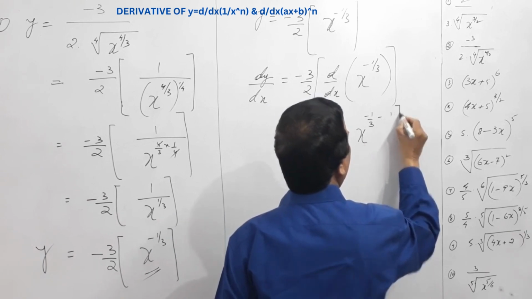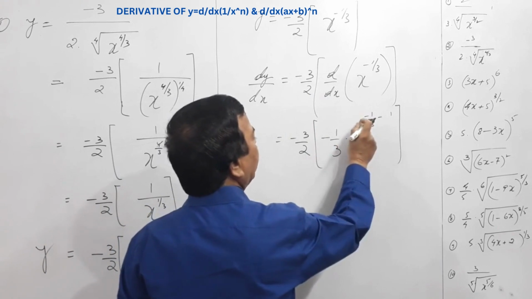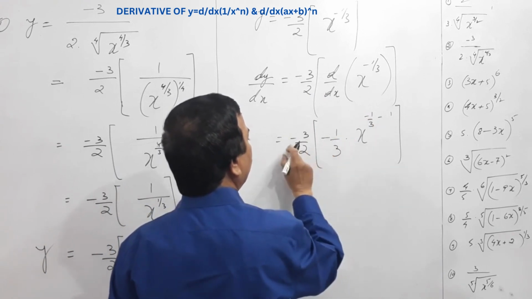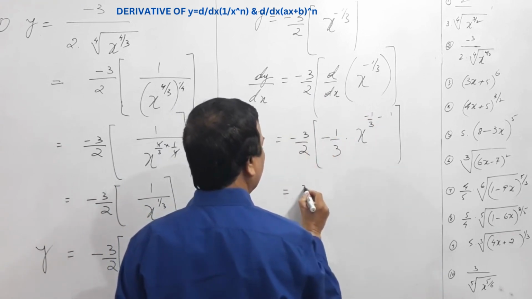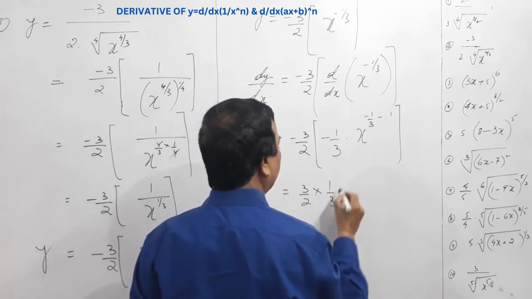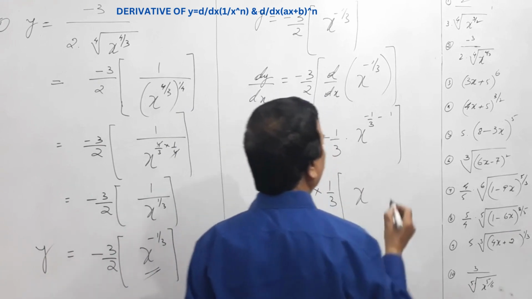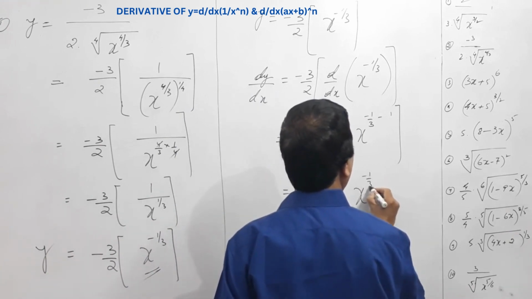Minus 1. Done? So this minus, and I bring this. Minus into minus becomes what? Plus. 3 by 2 into 1 by 3, so x to the power of minus 1 by 3 minus 1.